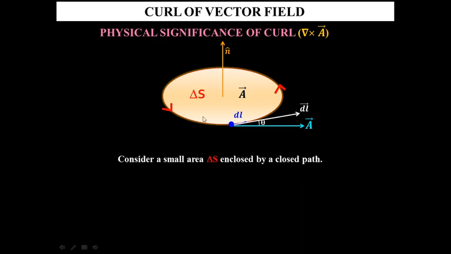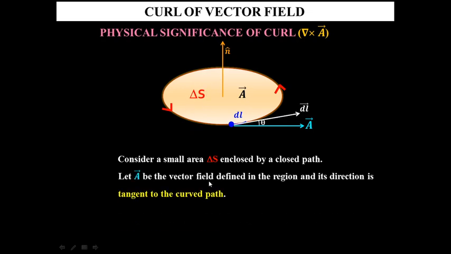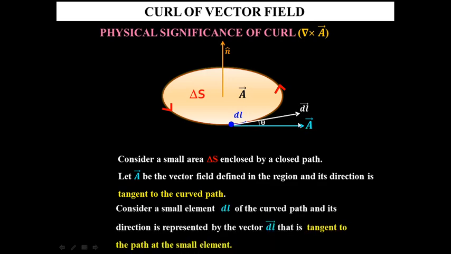Consider a small area delta S enclosed by the closed path. Suppose this is the closed path and delta S is a small area, and let A be the vector field defined in the region and its direction is tangent to the curve path. So the direction of the vector field is the tangent to the curve path, and we have considered a small element dl of the curved path and its direction is represented by the vector dl, that is the tangent to the path of this small element.